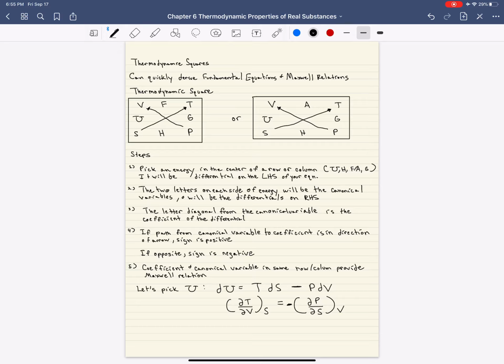Just by using that thermodynamic square, we're able to get the Maxwell relation really quickly. We don't have to think about taking second derivatives or remembering what the partial derivatives are.